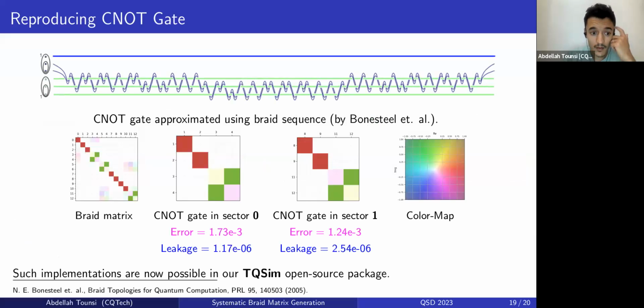So we have here the 13 by 13 braid matrix, and we can notice the signature of the Sinot gate in sector 0 and in sector 1. The importance of such numerical computation is to compute the accuracy, leakage, and many properties of such braid sequences.